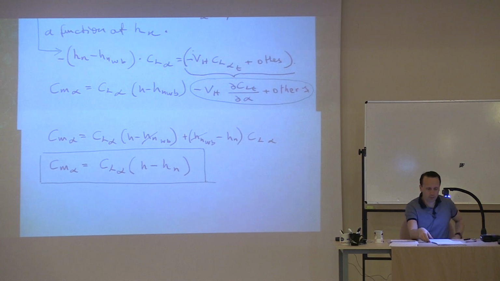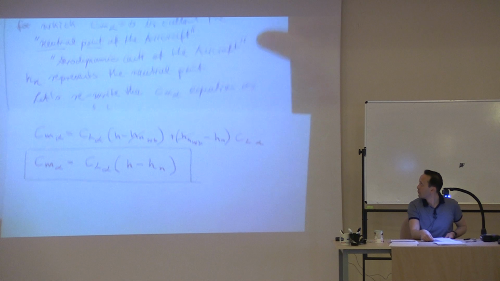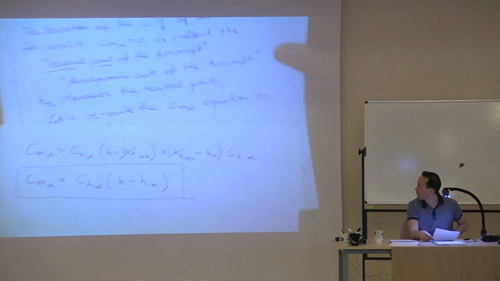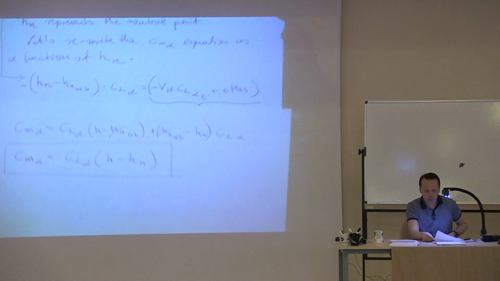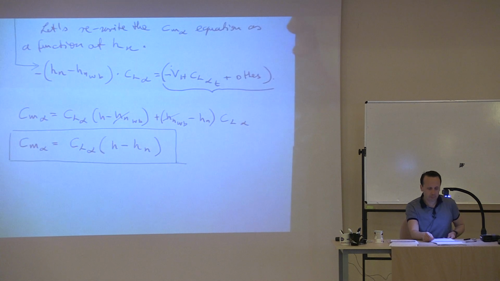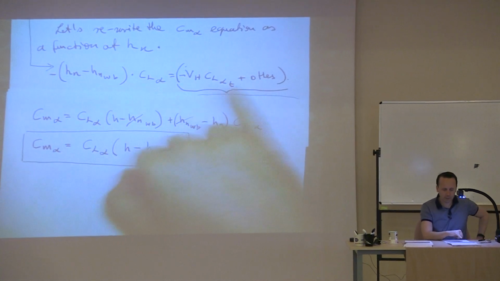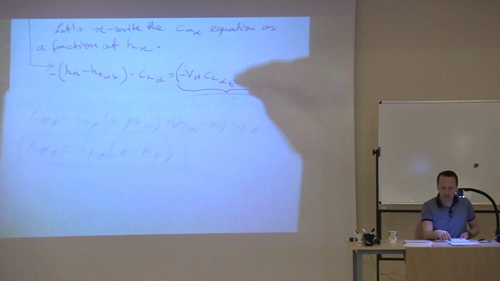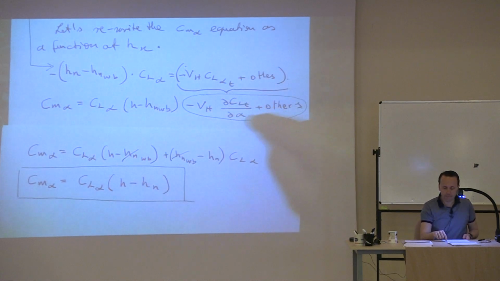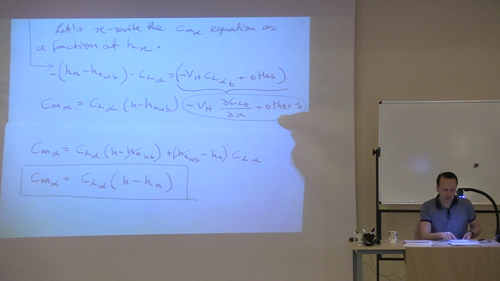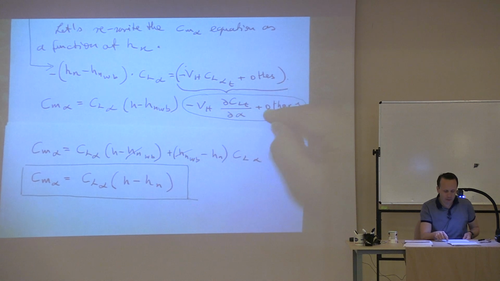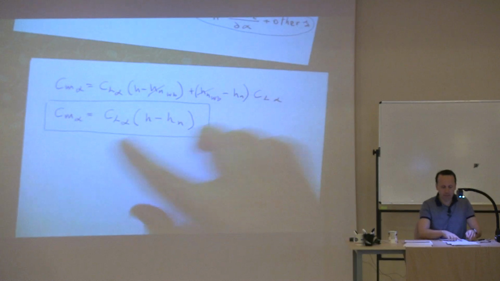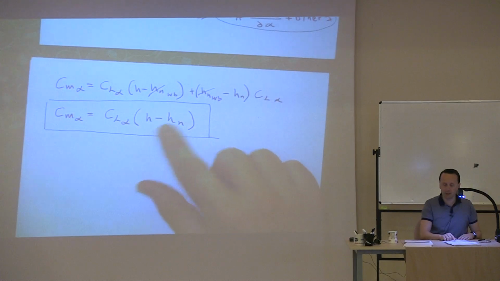Call it the neutral point. Okay? And then rewrite this equation as a function of the neutral point and set this into the Cm alpha equation that we have found previously. This is the equation we found previously. We set it in there. And then things will cancel out and so on and so forth, and you get Cm alpha is equal to Cl alpha times H minus Hn.